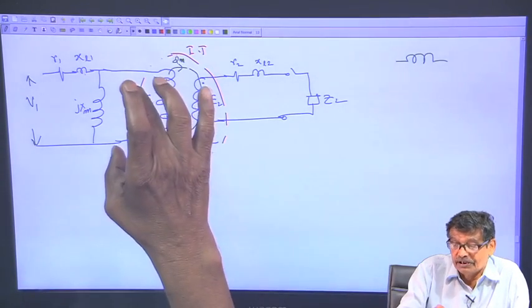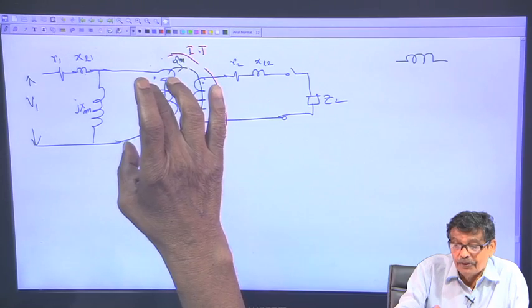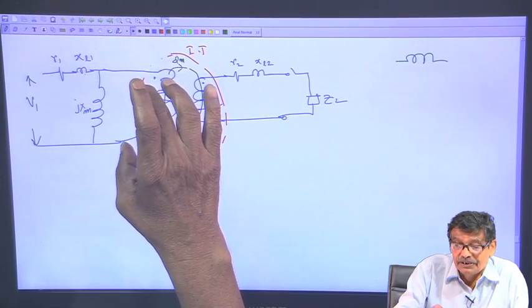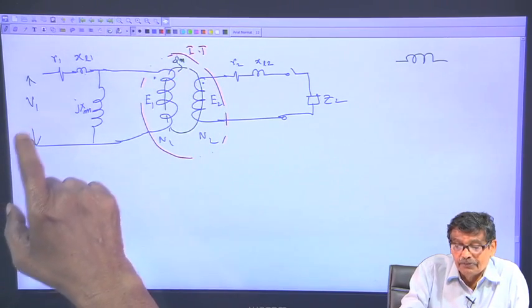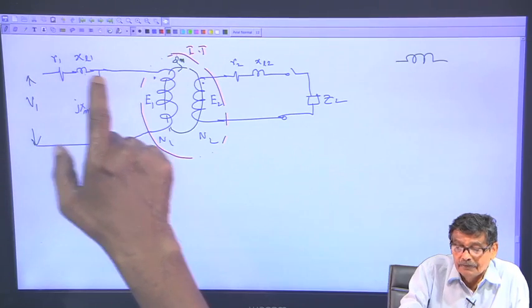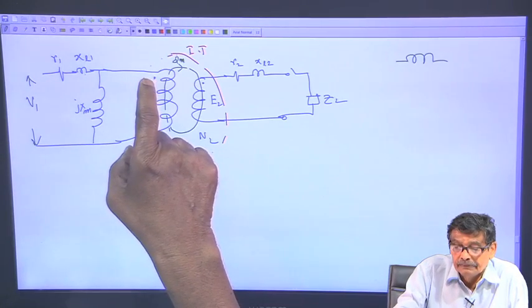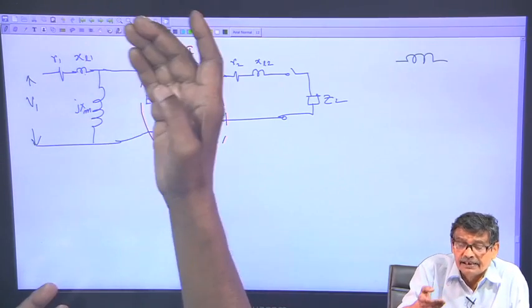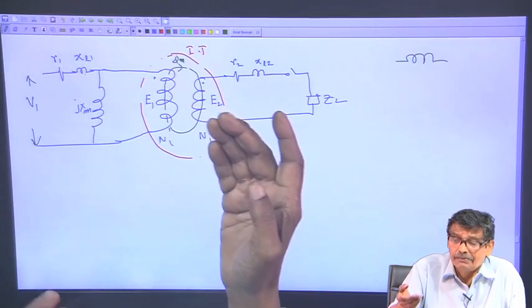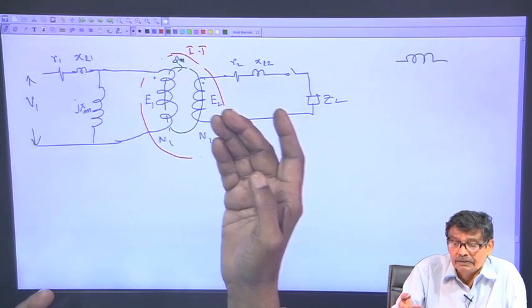It is this voltage E1, which is nothing but the applied voltage minus this drop, that must appear here. If X L1 is high, once again it is a very bad transformer.